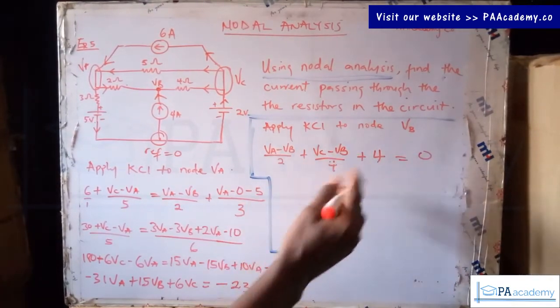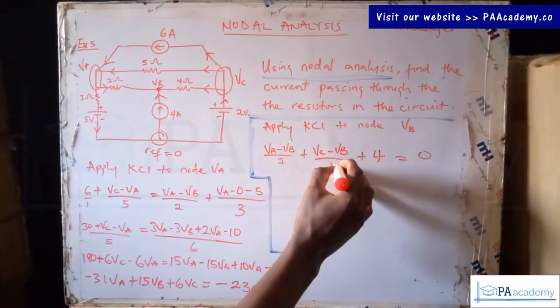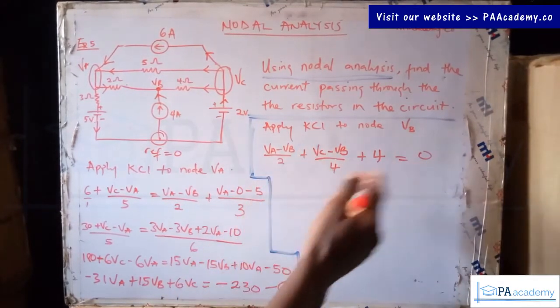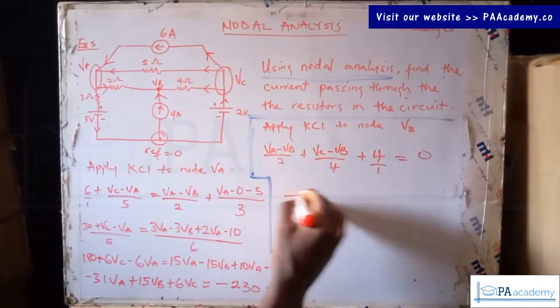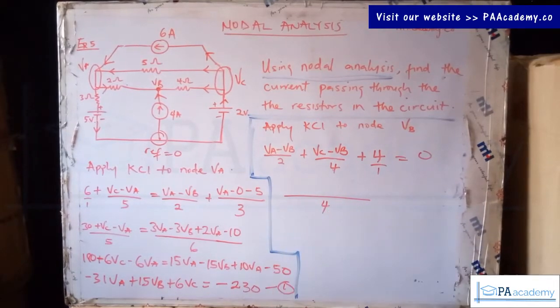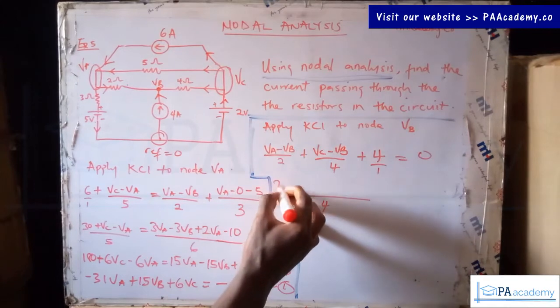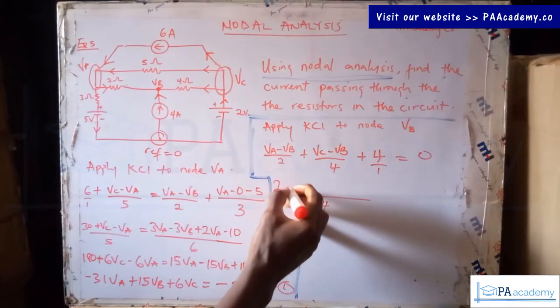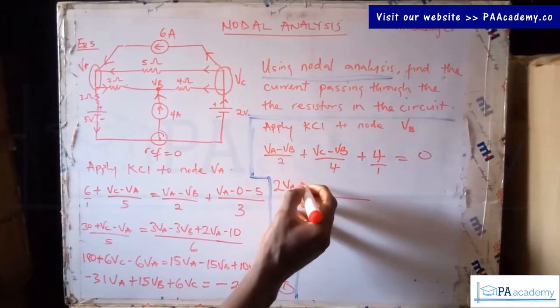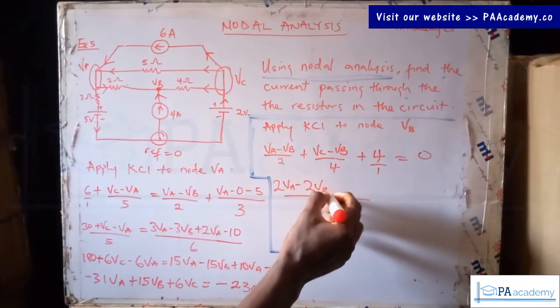So now let's simplify this. This is 4. So let's just have this as over 1 so that we can have everything over 4. So 4 divided by 2, that is 2. We use 2 to multiply everything here. So you're having 2 VA minus 2 VB.